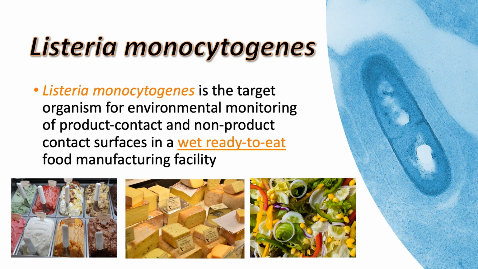When foods are high in moisture and are produced in environments where water is used for routine cleaning and sanitation, the pathogen of concern is Listeria monocytogenes. A large group of foods fall into this category, including frozen foods like vegetables, prepared meals, and ice cream, and refrigerated foods such as dairy products, prepared salads, and some types of beverages.